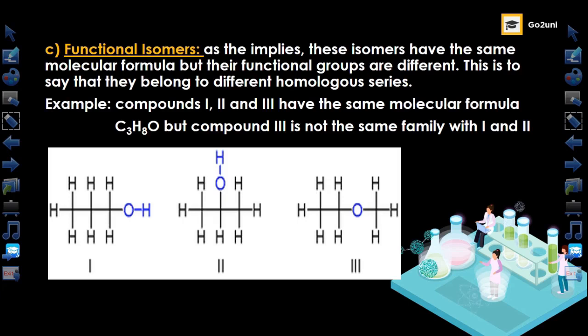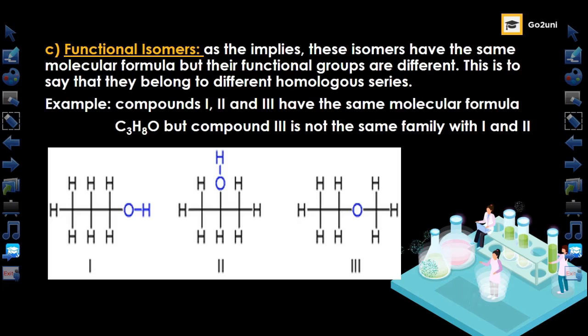That's just what they share in common, probably by coincidence. So if they have the same molecular formula but have different functional groups and hence belong to different homologous series, then they are said to be functional isomers.